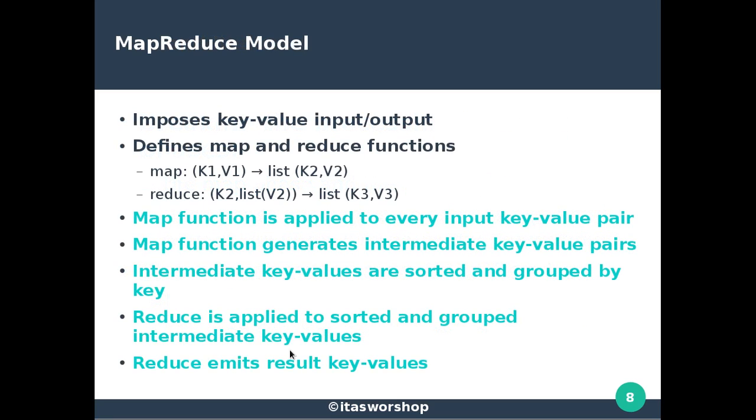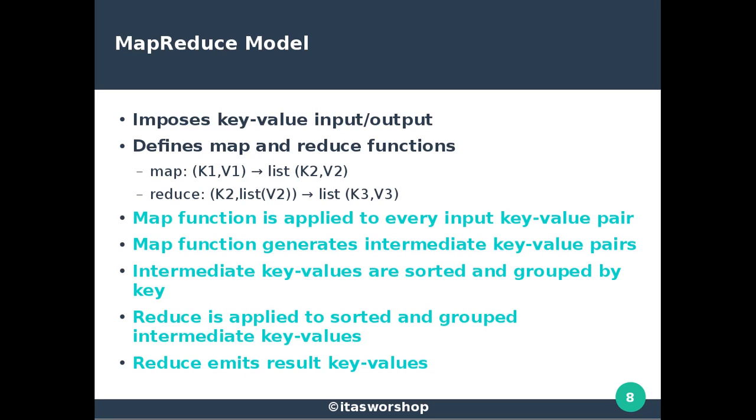Now the MapReduce programming model imposes key value input and output. So whatever data set you have, you need to define what the key should be. The key can be defined by the programmer, and it can vary from one map function to another. And for a particular key, we are generating a particular value.